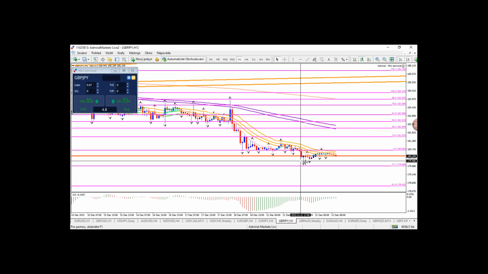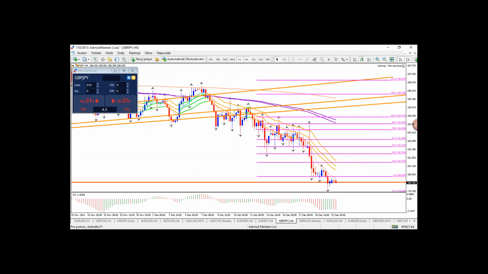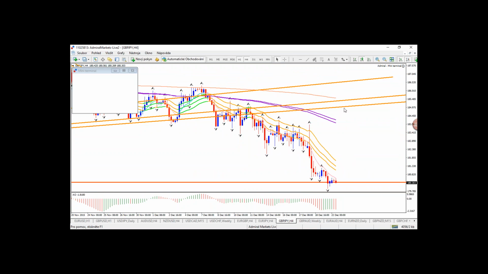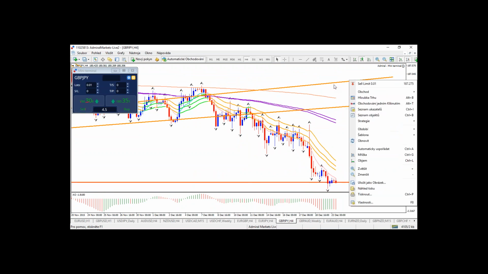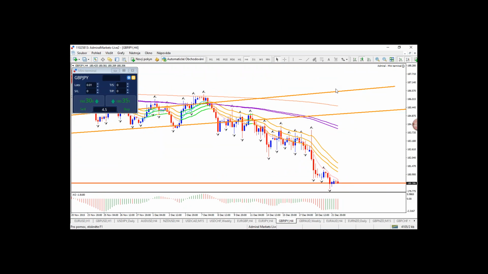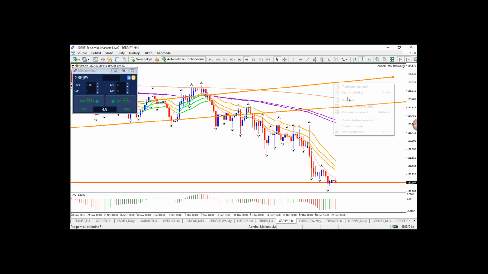Price missed it by about 25 pips here. And the next target will be the minus 61.8 target. Let me draw the fib a bit more accurately here. Maybe not on the weekly candle, but on a different time frame. Let's start with fibbing.